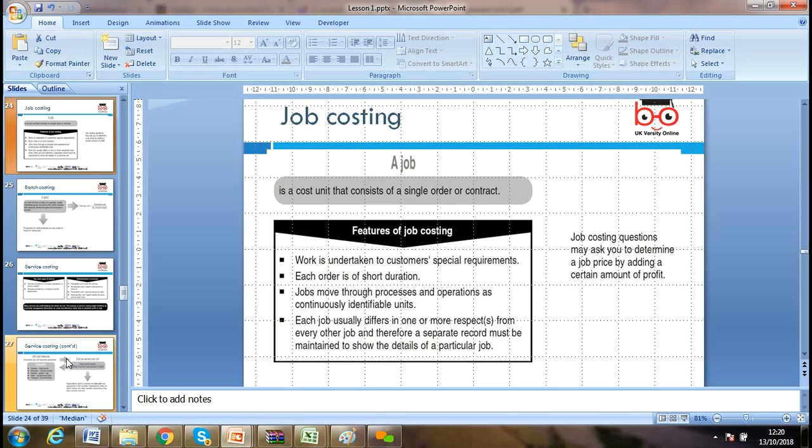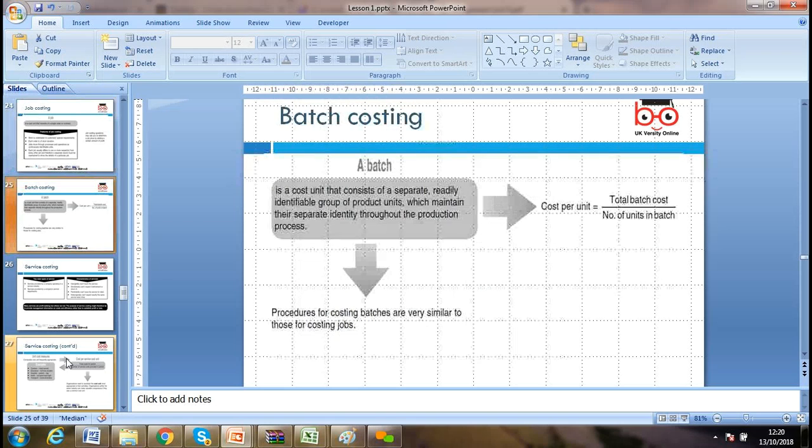Each order is a short-duration job that moves through the processes and operations continuously. Identify a job, like when you want to extend your house. If you extend one room, that's one job, and you have a contract with the builders, so that's the job, and we can calculate the cost and how much profit we can earn on each job.